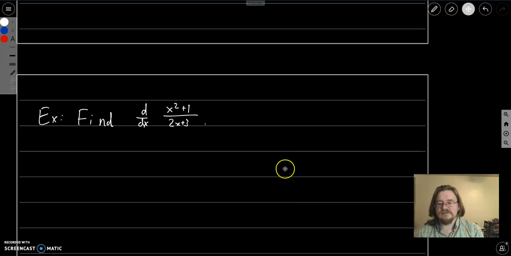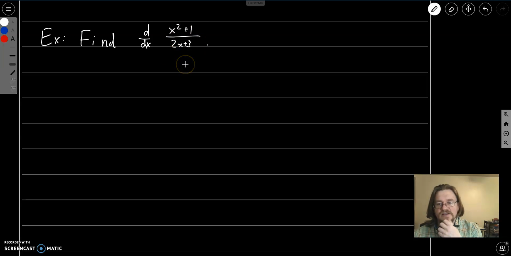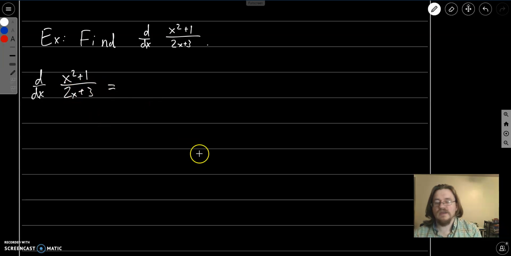Let's look at another function. So here, this one might not be able to be simplified right away, so we might have to use the quotient rule. So if I want to find the derivative of x squared plus 1 over 2x plus 3, I've got myself a huge fraction here. So again, let's start with the bottom.